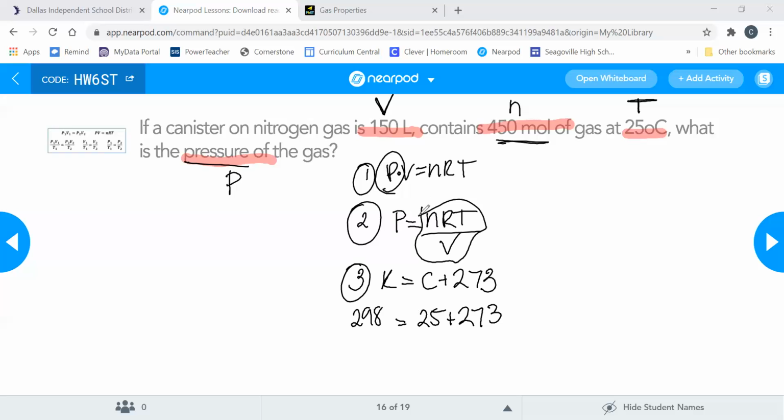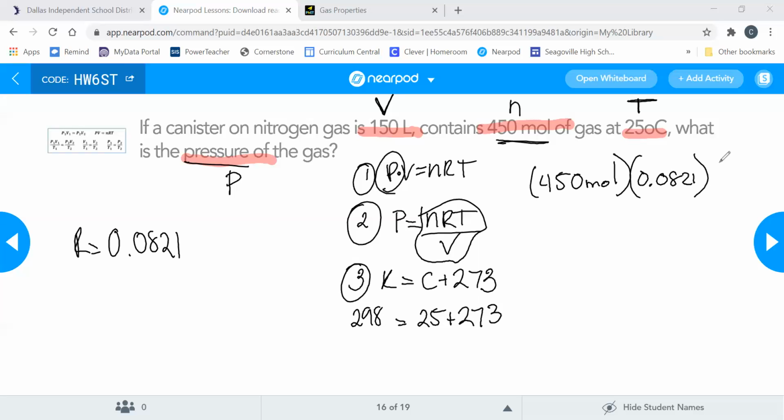Do not use the first one, because we're solving for P. I'm gonna do 450 moles times R. R is a very specific number, it's 0.0821. Temperature is gonna be 298, and then divided by volume, which is gonna be 150. Once you do that, all you have to do is put it in a calculator.